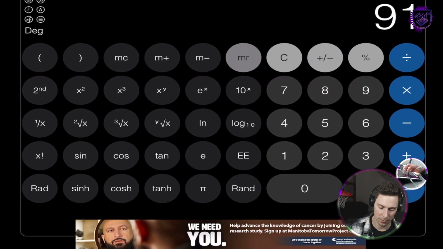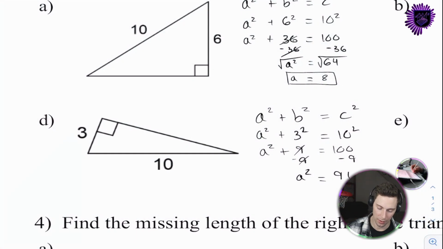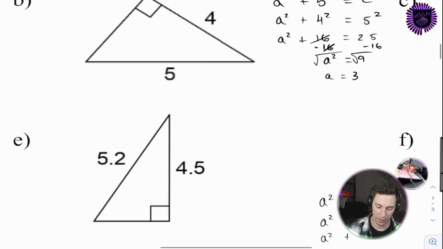Square root of 91 is 9.53. A is equal to 9.53. That's our answer for 3D.